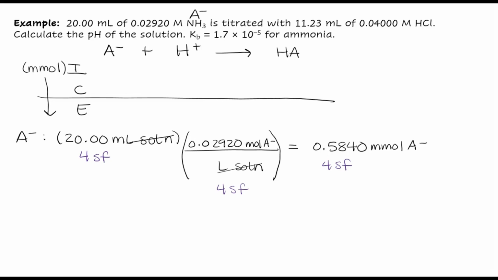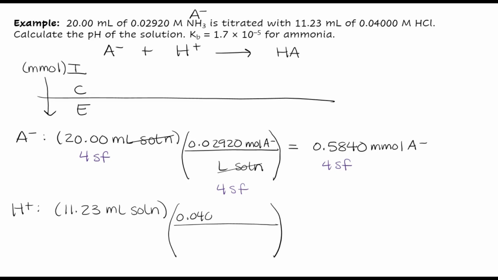For our titrant, H+, we're starting with 11.23 milliliters of solution multiplied by its molarity, which is 0.04000 moles of H+ per liter of solution.